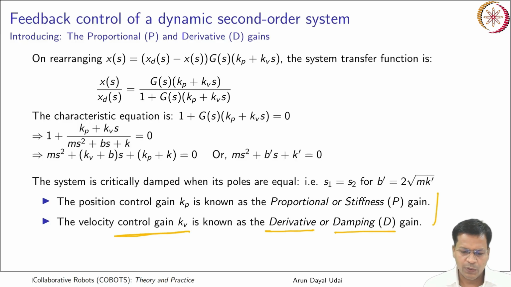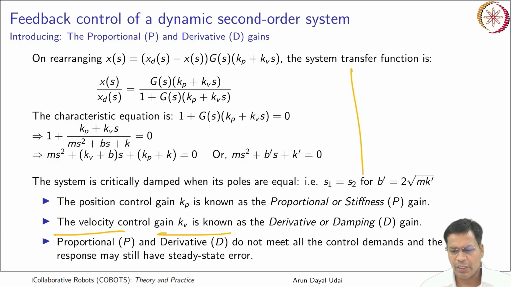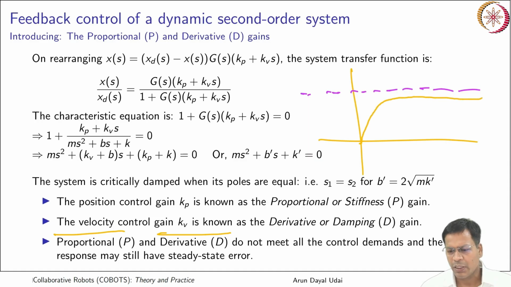Even in control. Now what you have seen here, proportional and derivative gains, they don't meet all the control demands. You can make it critically damped. If this is the desired output you want, your system can just go like this. It starts from 0, it goes very near to that, and it is critically damped.